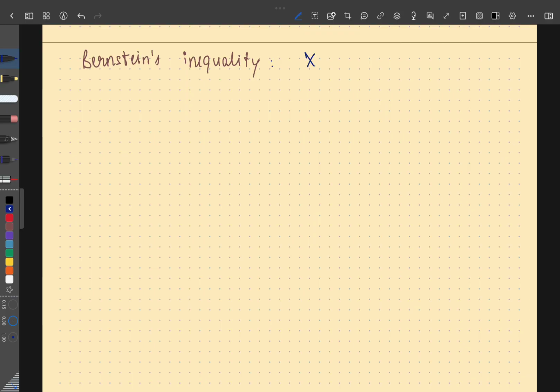So if we have independent random variables x1 through xn that are sub-exponential, and we'll assume these are centered random variables, so the expectation of xi is equal to 0 for all i, and let's assume that a is an arbitrary real vector.